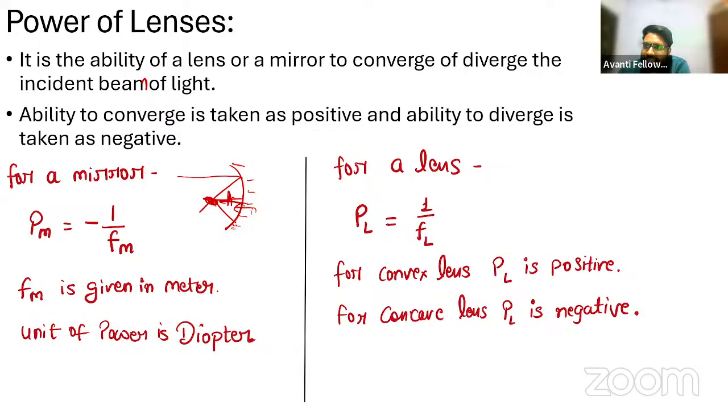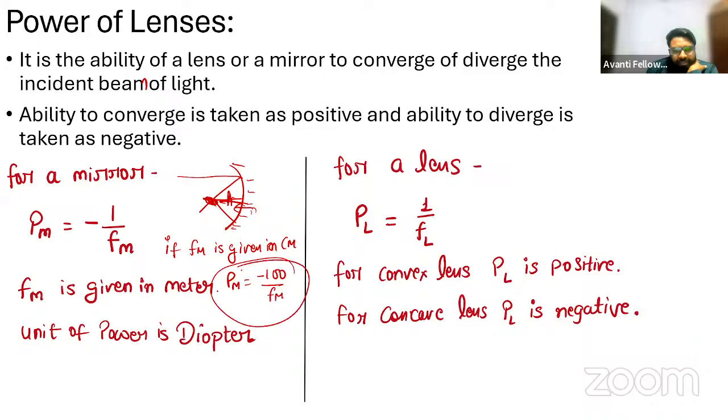Look, a concave mirror converges, but a concave lens diverges. So you can remember it like this, they are opposite of each other. But if fm is given in centimeters, you can do that at the time also, but I am mentioning it here, it is -100/fm. You will write. The unit of this power of a mirror is very unique, which is diopter. If anyone has put on glasses like me, they will measure the power of the lens here.